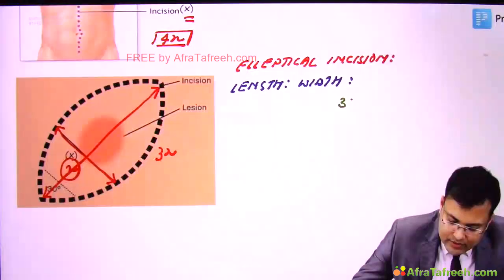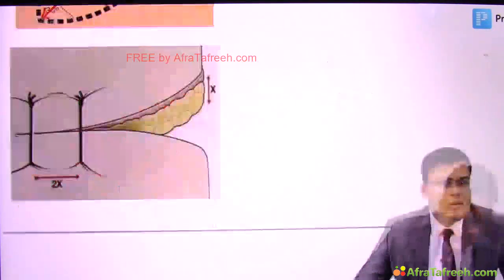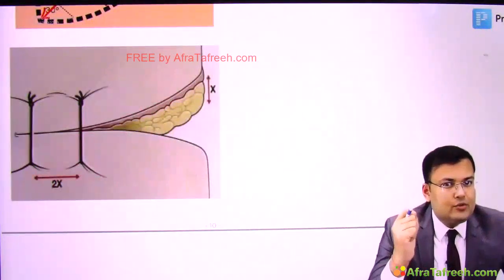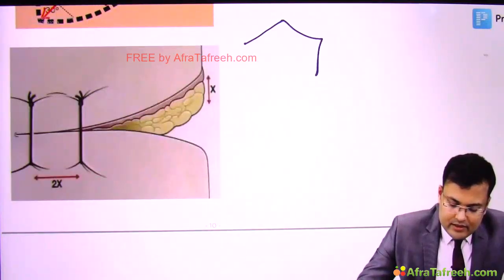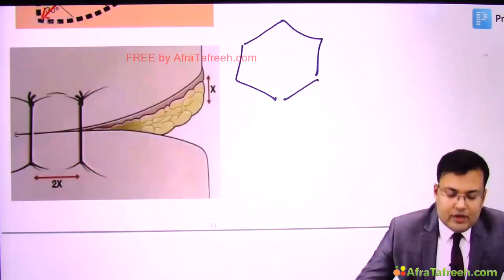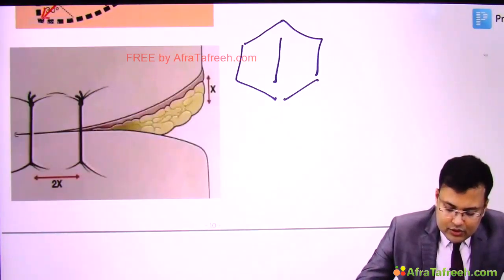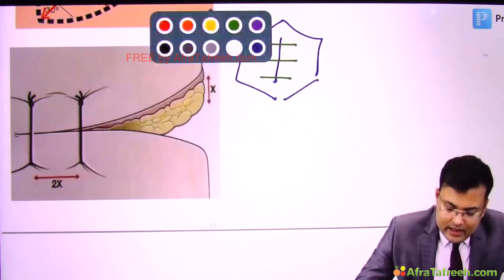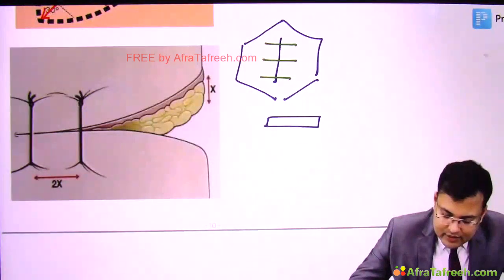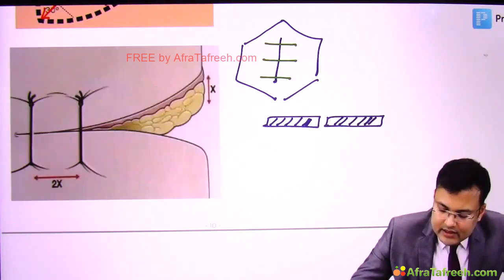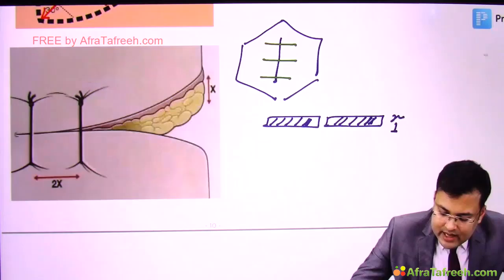Now see, whenever we are going for skin suturing, imagine that you are going for skin suturing after laparotomy, and these are the sutures which are being applied. Can you see? These are the sutures. Clear? And this is the thickness of skin. Skin thickness is x.